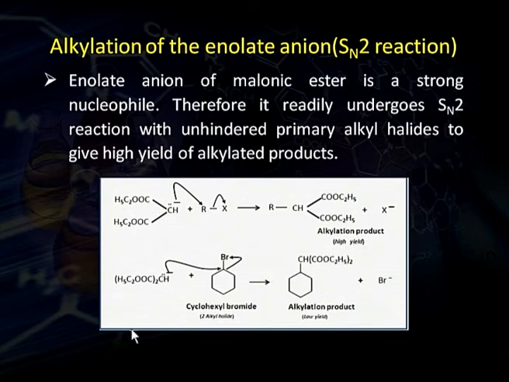But when this nucleophile is treated with a secondary alkyl halide like cyclohexyl bromide, it forms a product but the yield is low. Tertiary alkyl halides do not undergo substitution, rather they undergo elimination. And aryl halides cannot be used for alkylation because they do not undergo SN2 reactions.